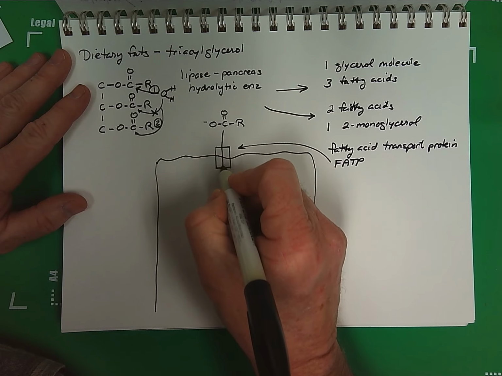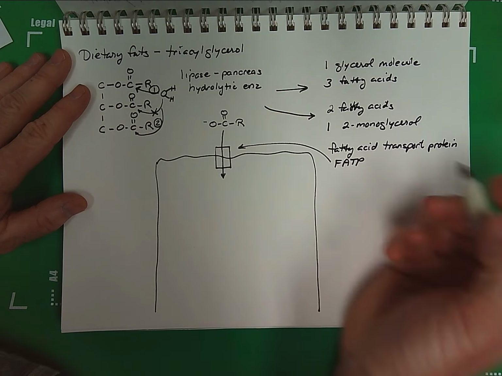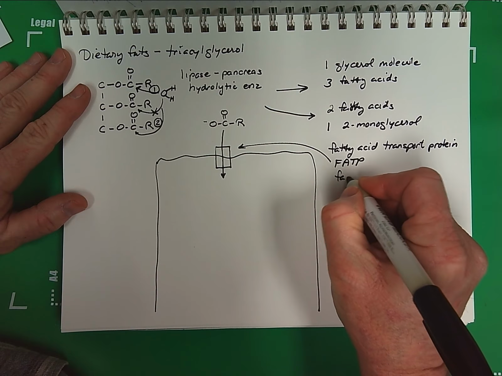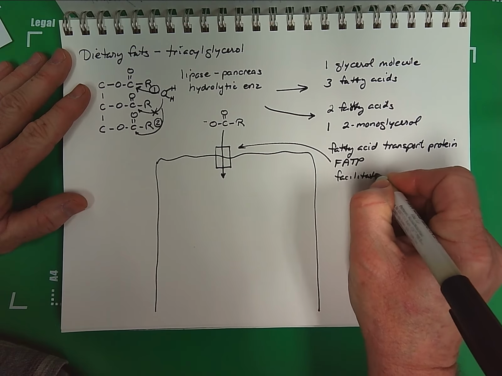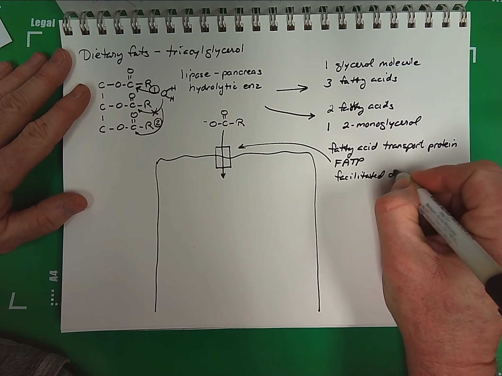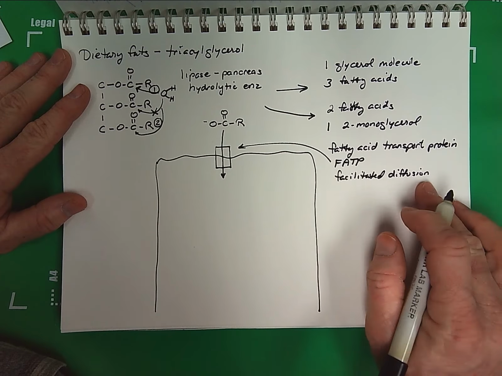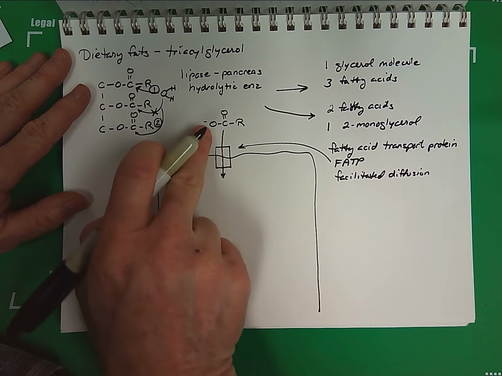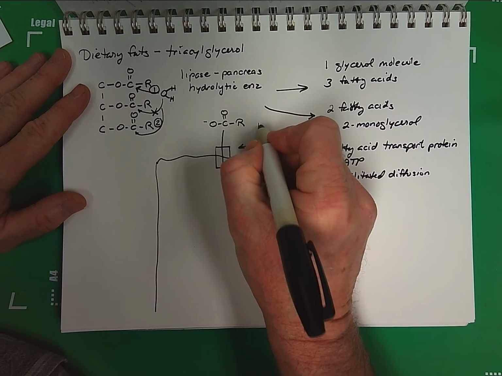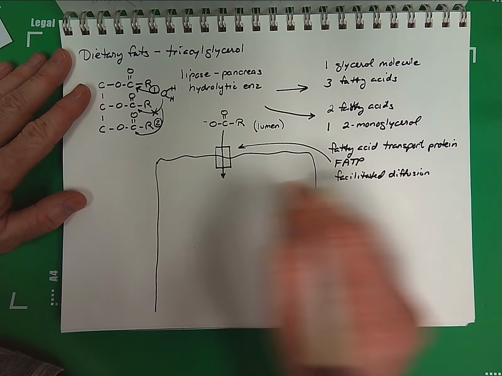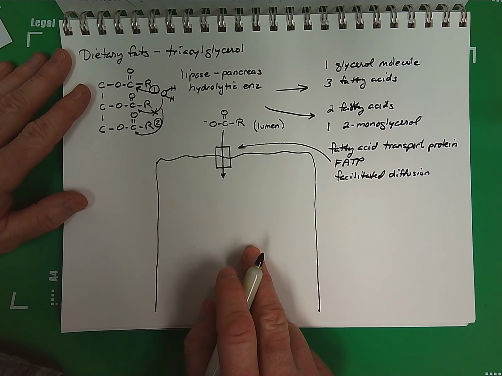FATP allows for the transport of the fatty acid into the cytoplasm. This occurs by facilitated diffusion. So again, this works strictly on the concentration gradient of fatty acids, high in the lumen of the intestine and a lower concentration in the cytoplasm.